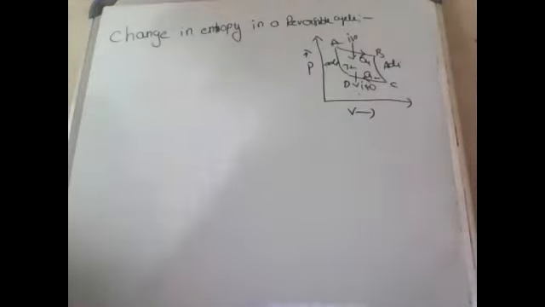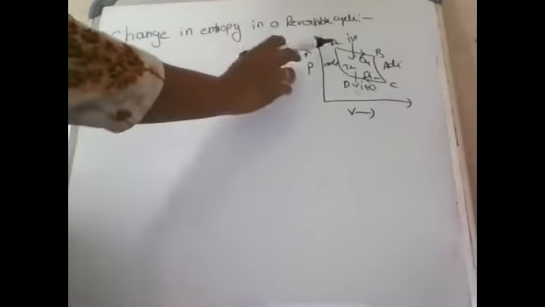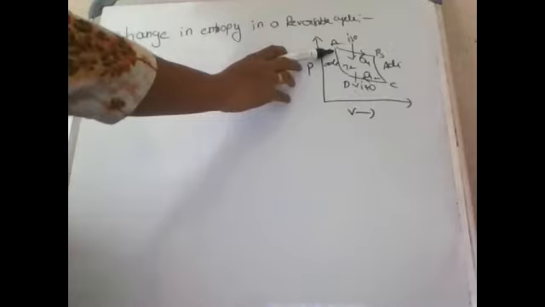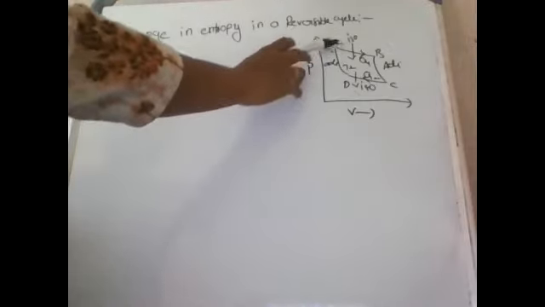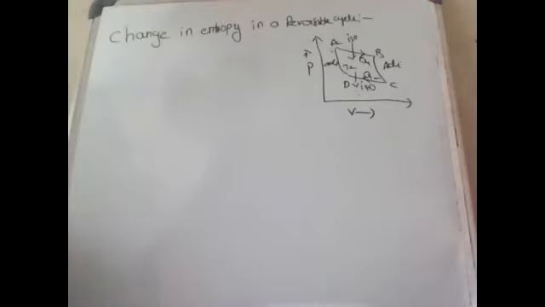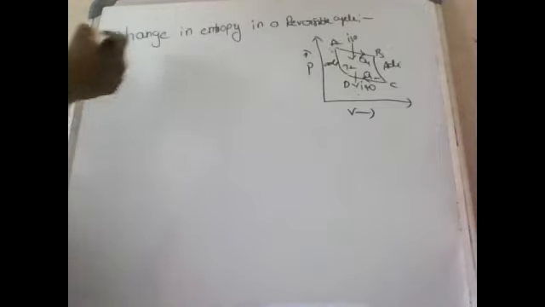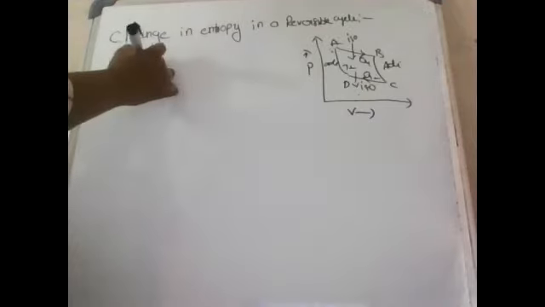Here, let us consider the change in entropy of a substance when it is taken through a reversible Carnot cycle ABCD. The starting point, the first state, is capital A. At A, the working substance undergoes an isothermal expansion, absorbing an amount of heat Q1 from the source at temperature T1.